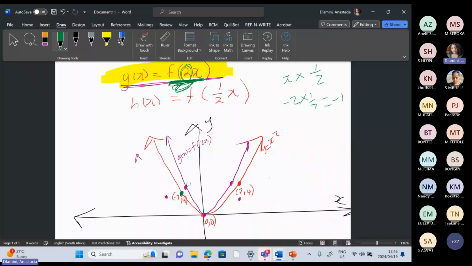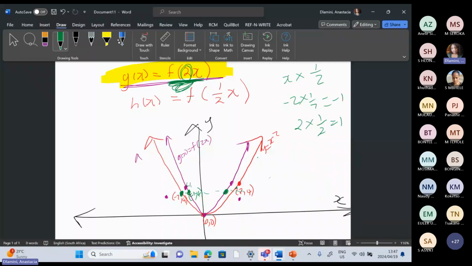And remember, only the y values remain the same. So the point was supposed to be here. So it's negative 1 and 4. And then this point here, what is the x? It's 2, right? Then 2 times 1 over 2 is 1.